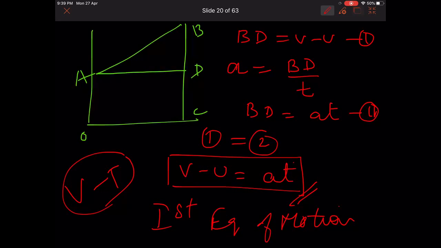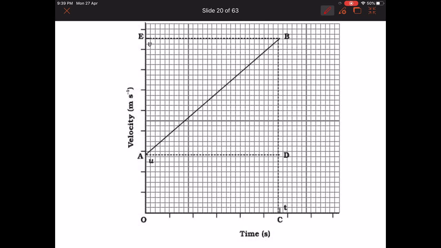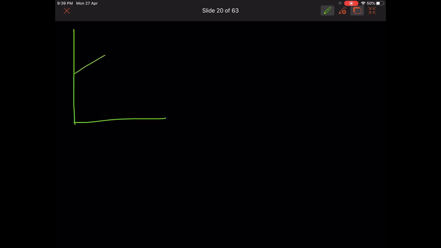For that, again, we will consider the same graph, right? Let me draw the same graph again. You must practice drawing this graph many times, then only you will understand it very, very clearly.